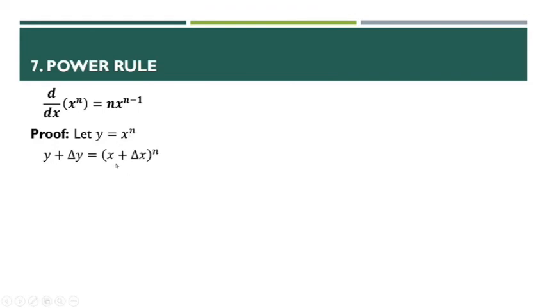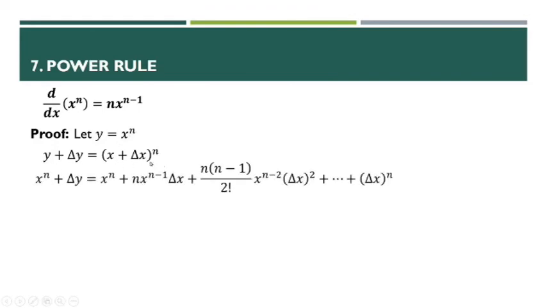And expanding this binomial, so we have x raised to n plus delta y equal to x raised to n plus n times x raised to n minus 1 times delta x plus n times n minus 1 over 2 factorial times x raised to n minus 2 times delta x squared plus so on and so forth up to delta x raised to n. So it is a binomial expansion.